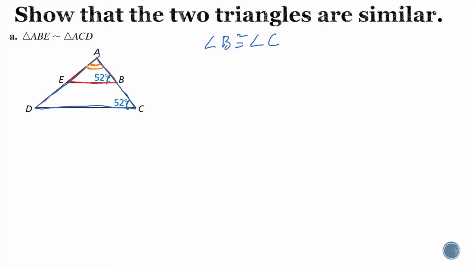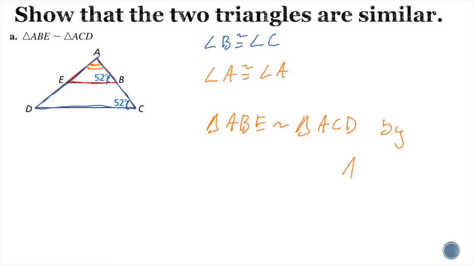So by the reflexive property of congruence, angle A is congruent to angle A, and here I'm done. So triangle ABE is similar to triangle ACD by, once again, the angle-angle similarity theorem. Done. Not too bad, right?